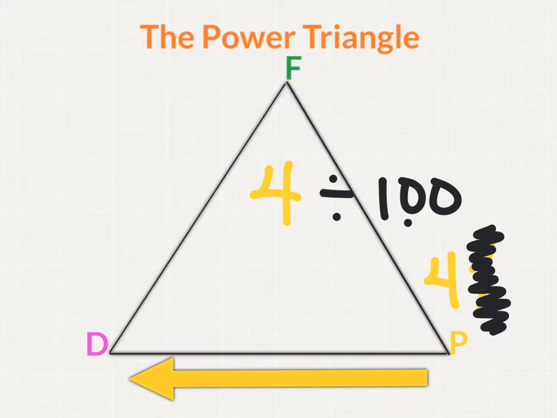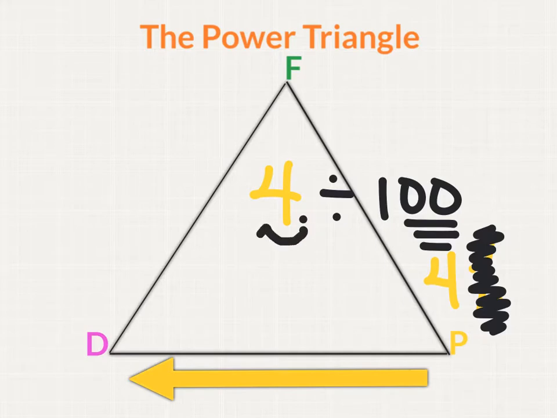We're going to use what we know about powers of 10 to divide 4 by 100. We're going to place the decimal after our whole number, and we're now going to move it twice to the left. Left for dividing, 2 times because there are 2 zeros in the number 100.